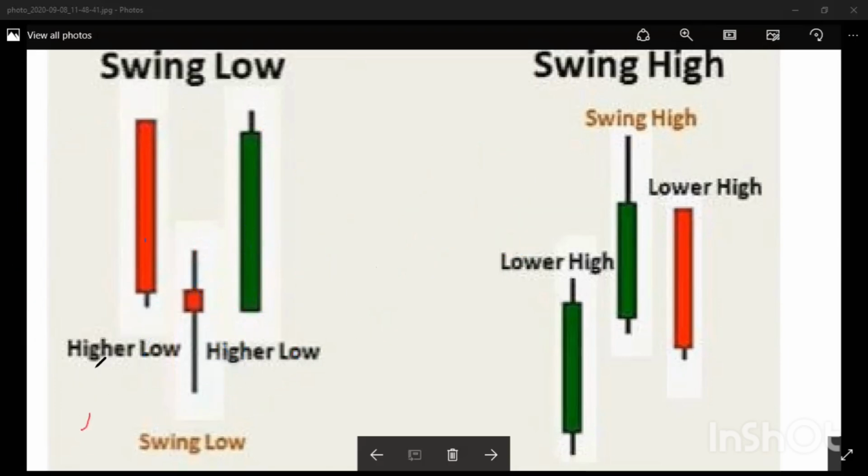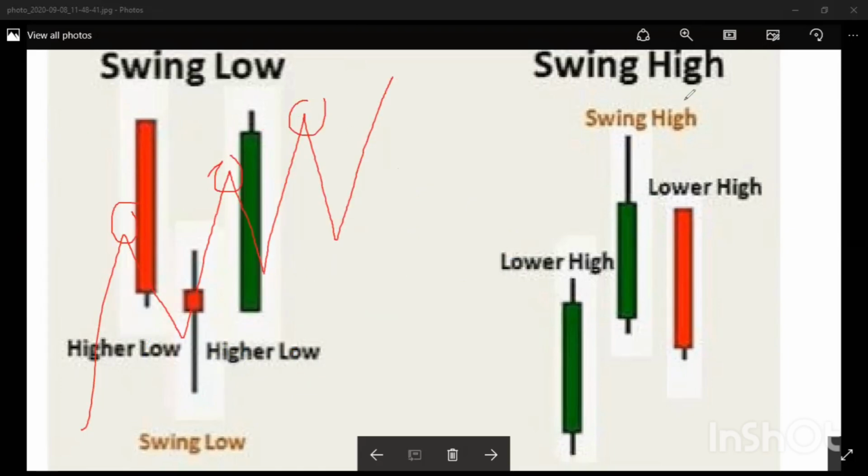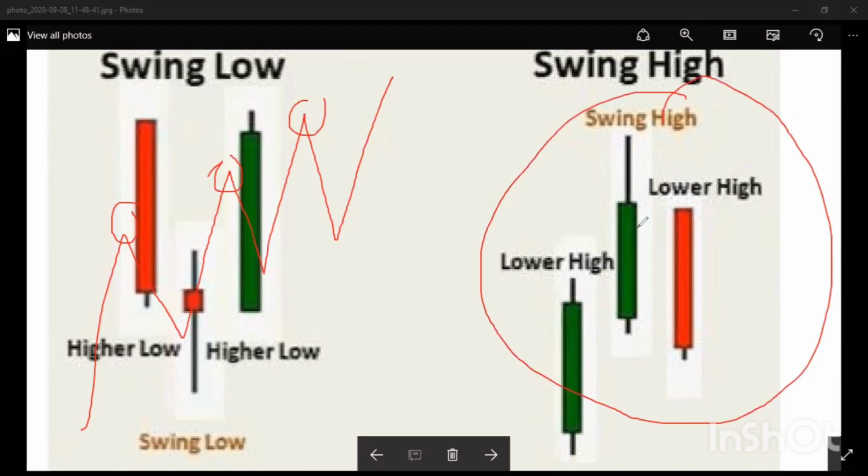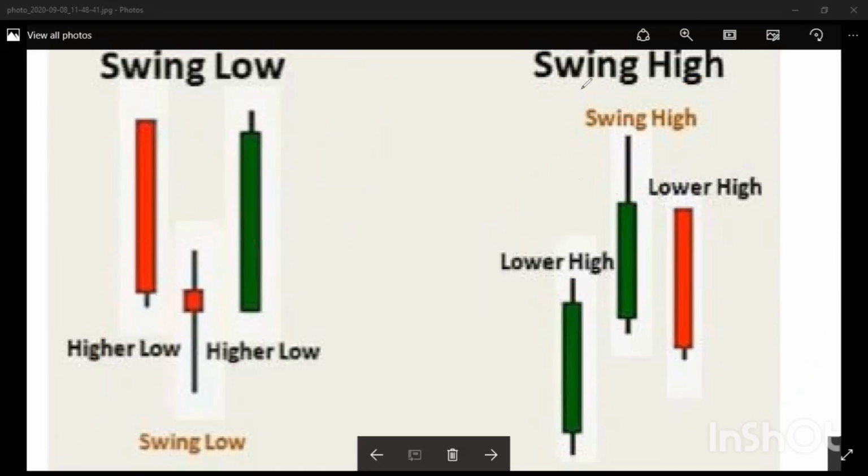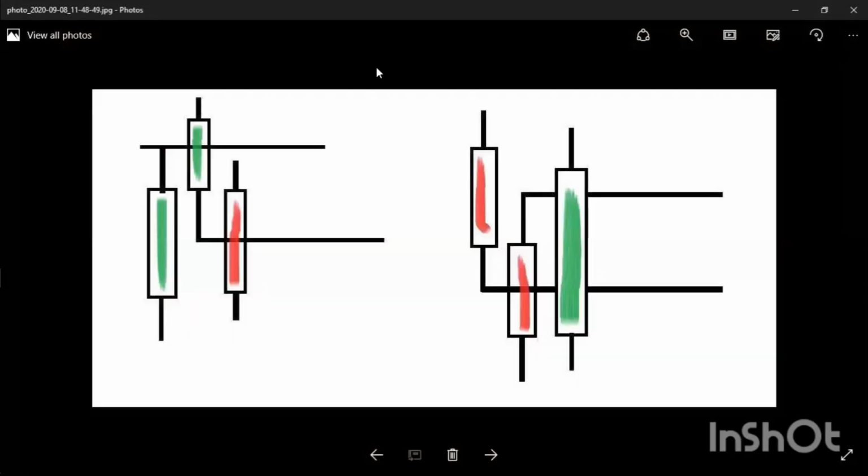And then for a higher high, we are looking at this one. That's what we're looking for, a swing high. Same thing, three candles, 1, 2, 3. The middle candle is higher than the two candles. That's a higher high. Another example is this one.